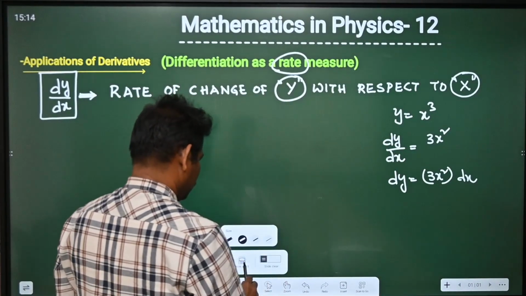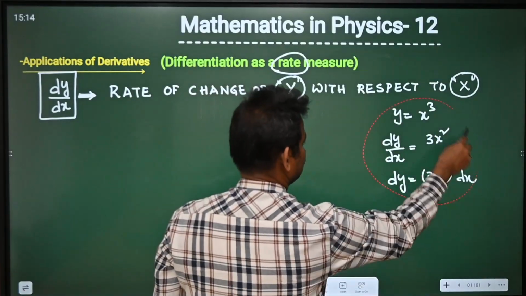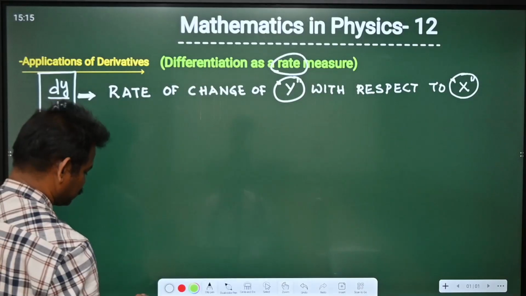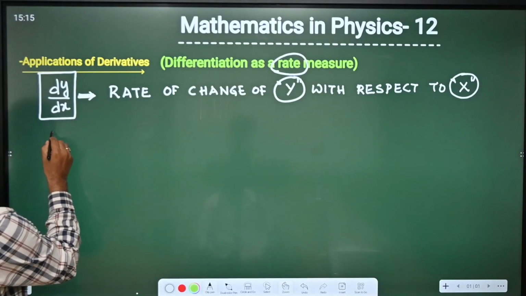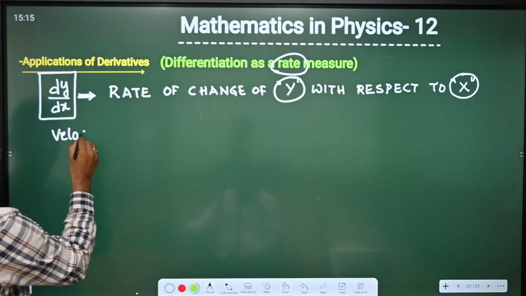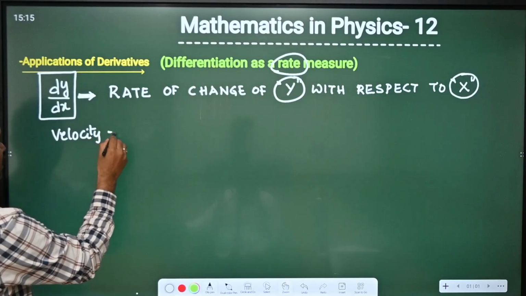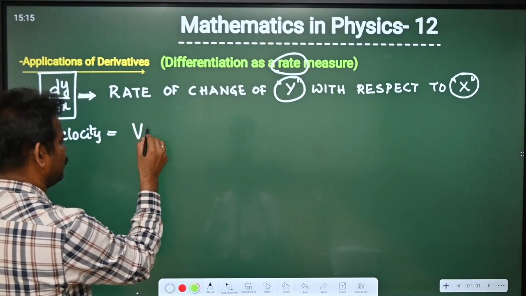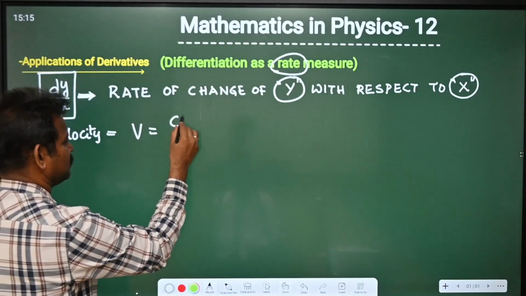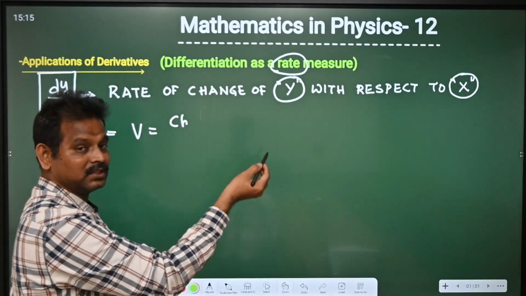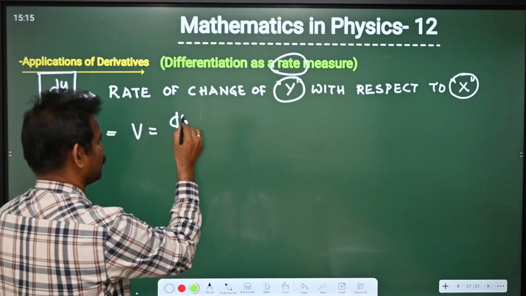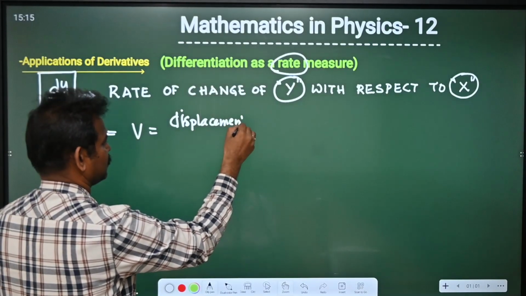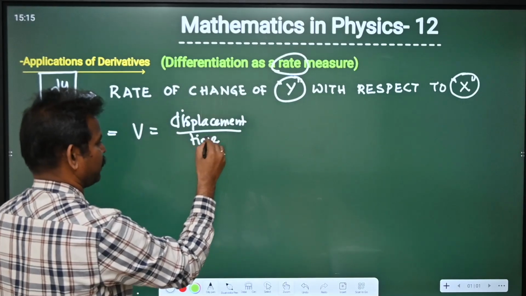Now suppose you write velocity, which we studied in high school, 9th class, 8th class. Velocity is displacement by time.